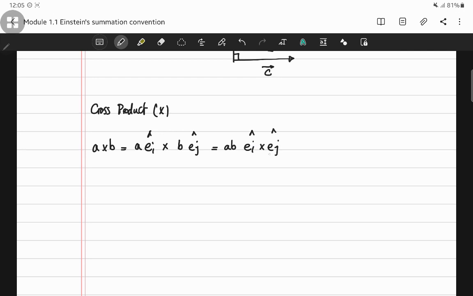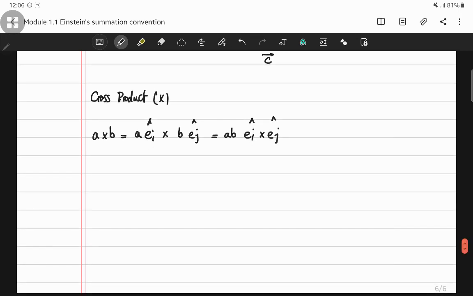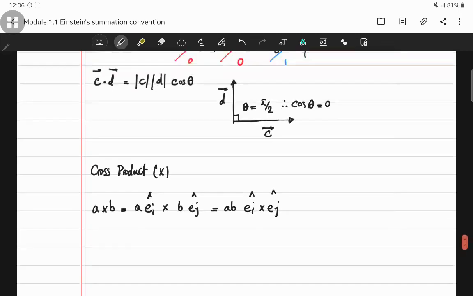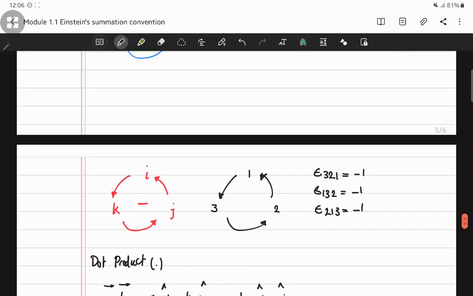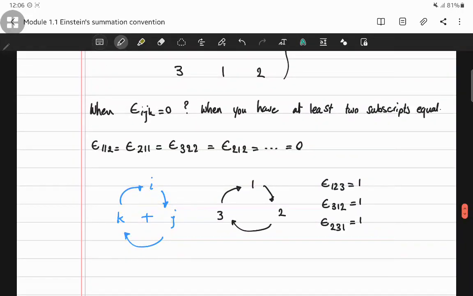So if you have two different vectors here, which are unit vectors, and we would like to calculate their cross product, we can use the permutation symbol here. So we write this as, we have i and j, and finally they will give a product of k.